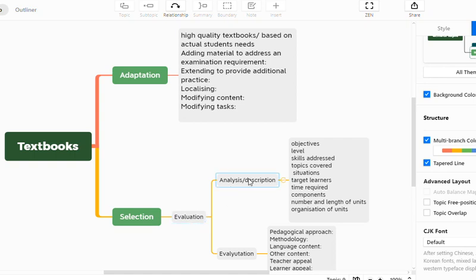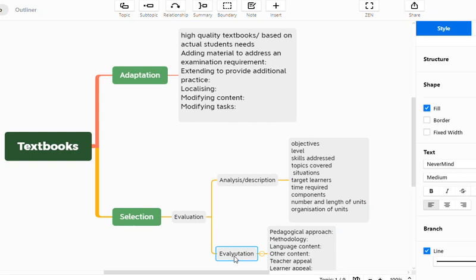Evaluation has two parts, two stages. In the future, I will focus on these two important aspects of evaluation. The first one is analysis.